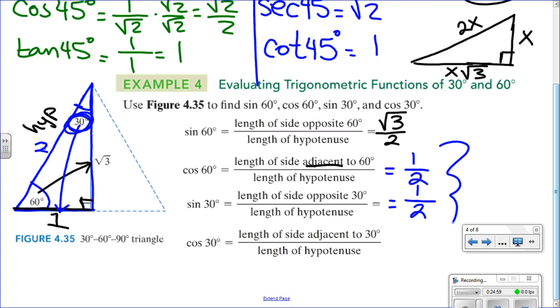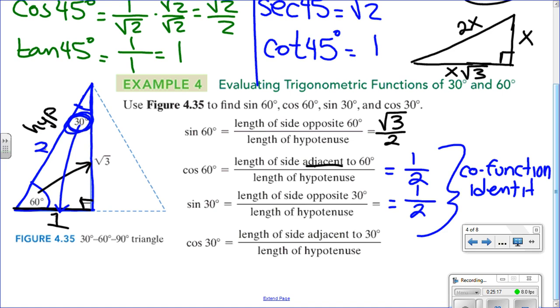So this 2 happens to be the same because they are co-function identities. Okay? And so if we take the cosine of 30, let's think about it.